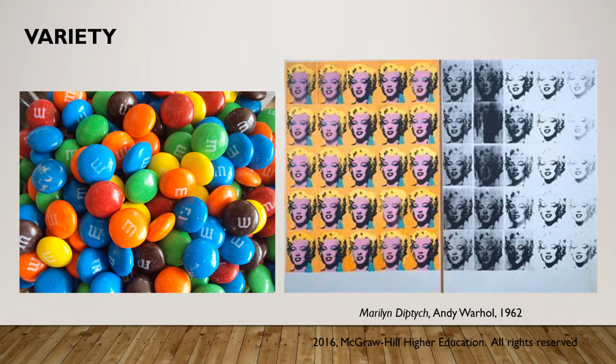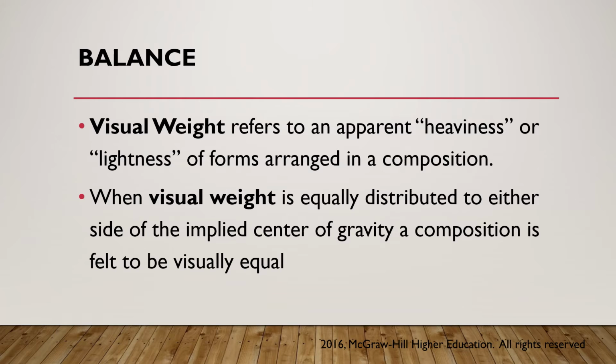On the right, however, he's using blacks and whites, and you can see that we have varying degrees of clarity to the images. The second column they're kind of smeary. You get out to the very last column, and they're very, very light, almost non-existent. So that also creates variety.